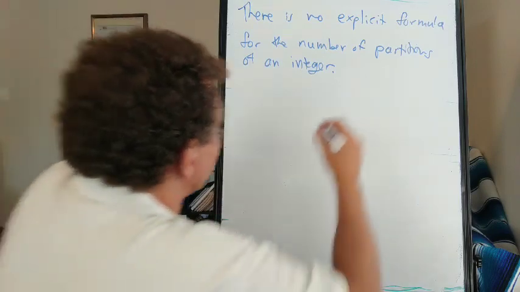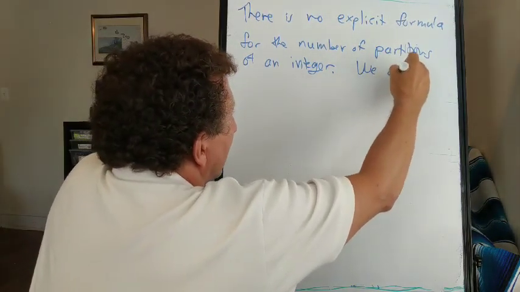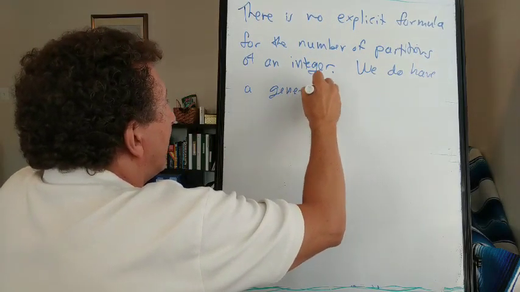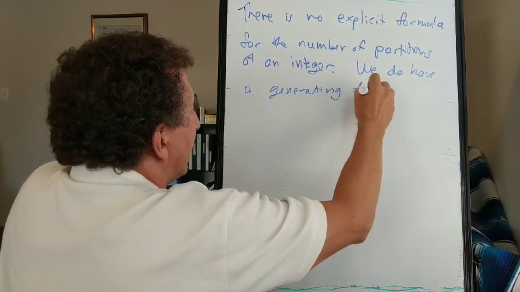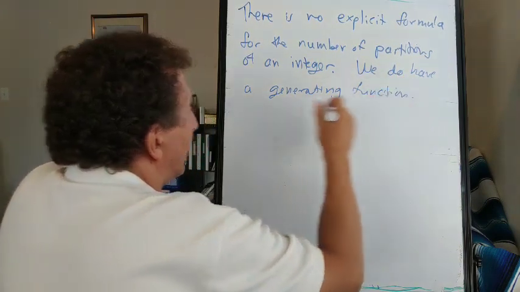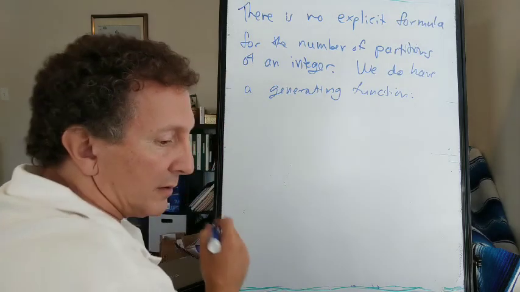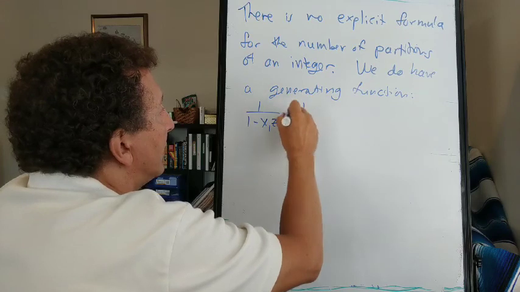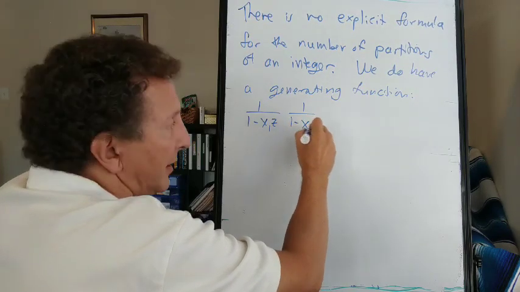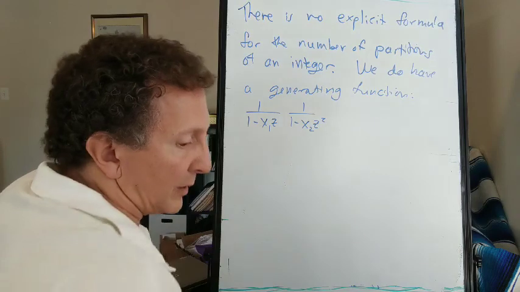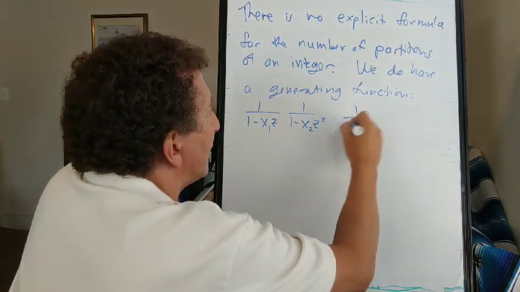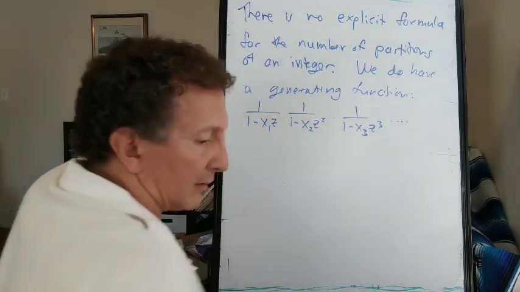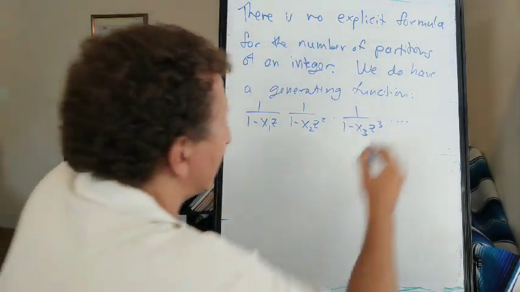We do have a generating function though. So let's write out 1 over 1 minus x1 z times 1 over 1 minus x2 z squared times 1 over 1 minus x3 z cubed, etc. So this will be an infinite product.